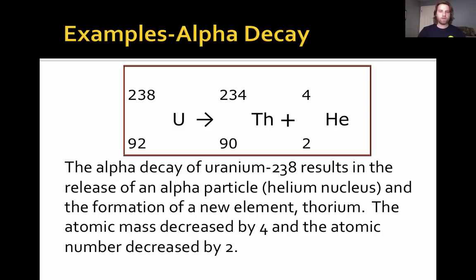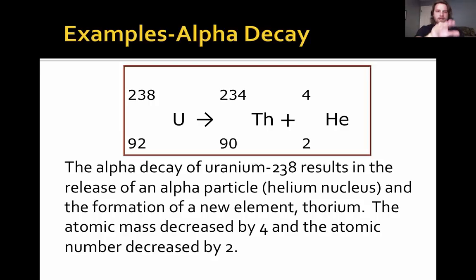So here's an example of alpha decay. If you notice, we have uranium with a mass of 238, that's the top number, atomic number 92. If it undergoes alpha decay, that means that alpha particle comes off. The alpha particle, remember, has a mass of 4 and an atomic number of 2. Well, if we add the numbers up across and on the bottom as well, we treat the arrow like an equal sign.